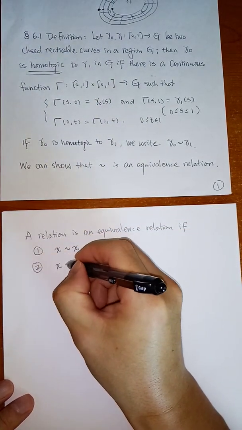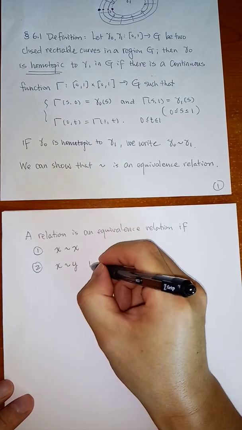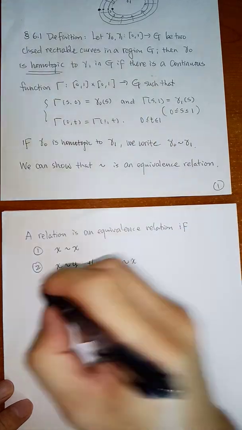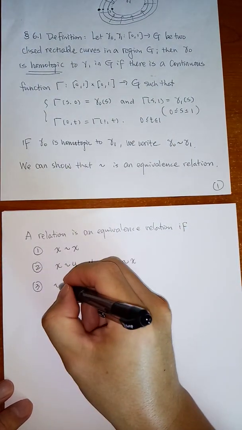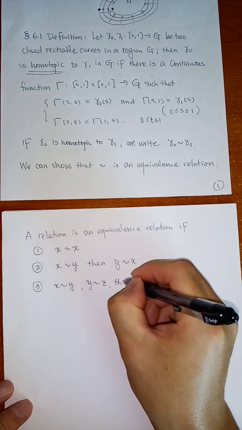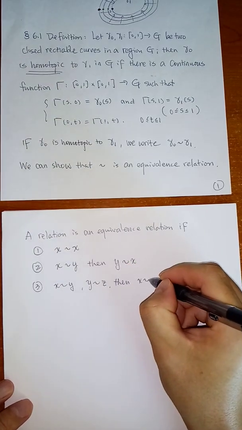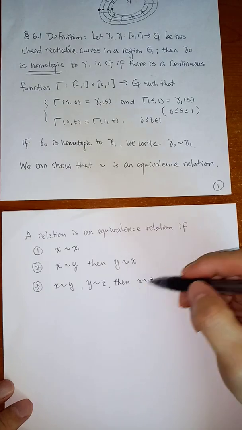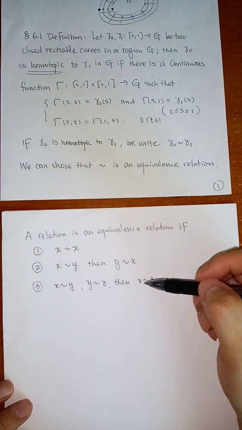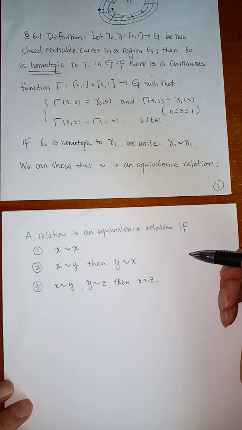Second, if x is equivalent to y, then y is equivalent to x. And third, transitivity: if x is equivalent to y and y is equivalent to z, then x is equivalent to z. So an equivalence relation is characterized by those three properties.